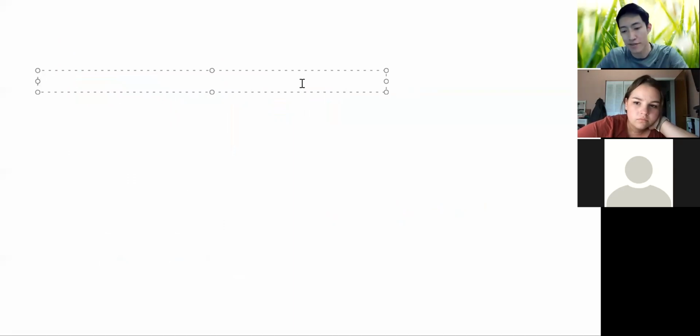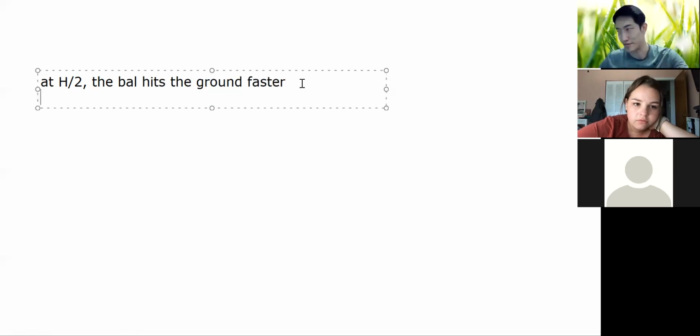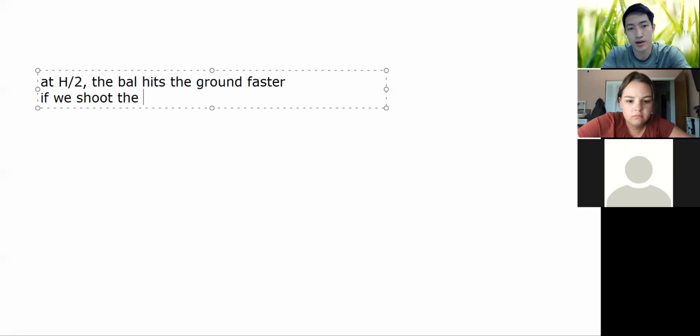If you put it at half the height, does it hit the ground faster or slower? Obviously it would hit the ground faster. We also know that if we shoot the ball at v naught, the original, it would go less distance.